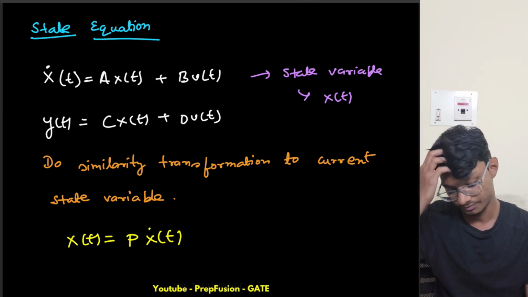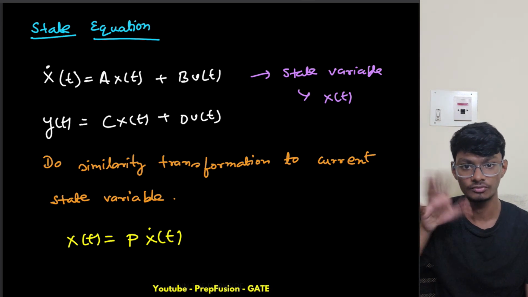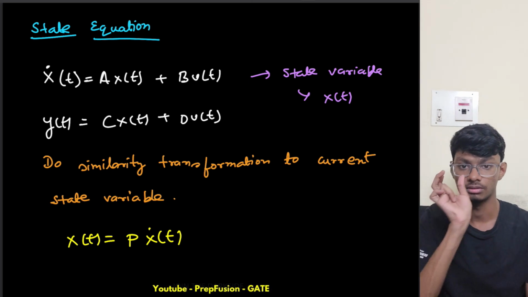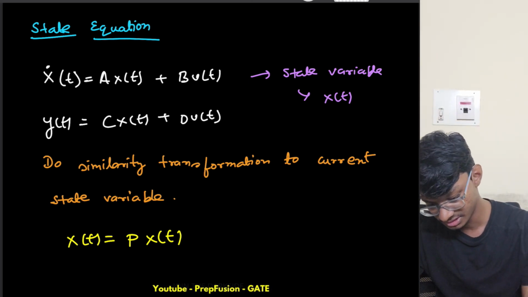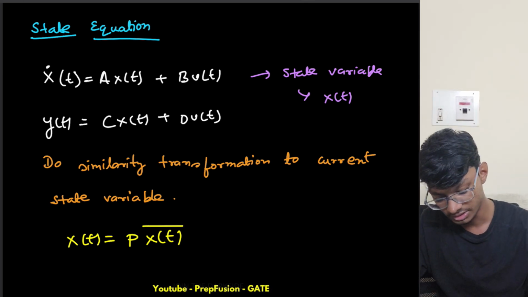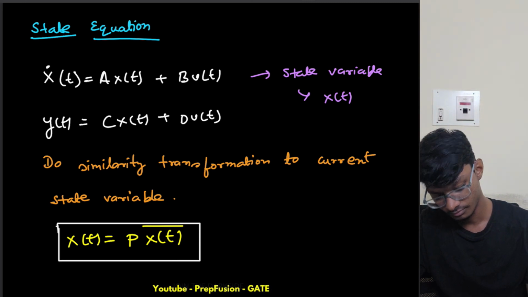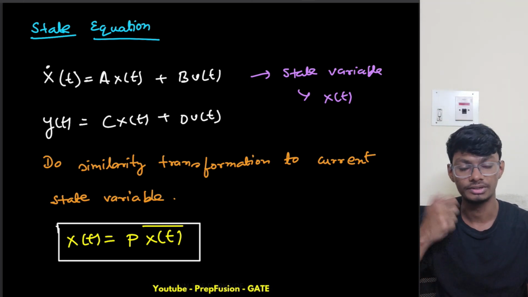What this P is, we will understand. For similarity transformation, our state variables will be related something like this.